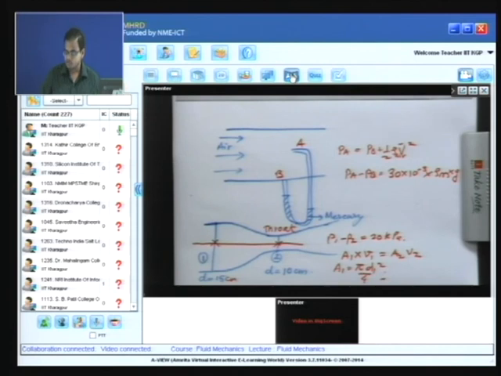So, by relating the velocities at the sections and by making use of Bernoulli's equation, we can find out what the velocity is, and consequently we can find out what the volume flow rate is by multiplying the velocity by the area of the cross section.